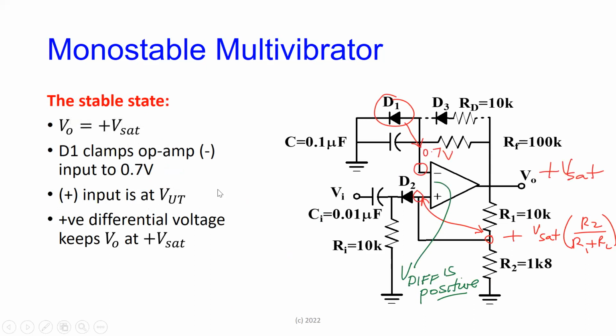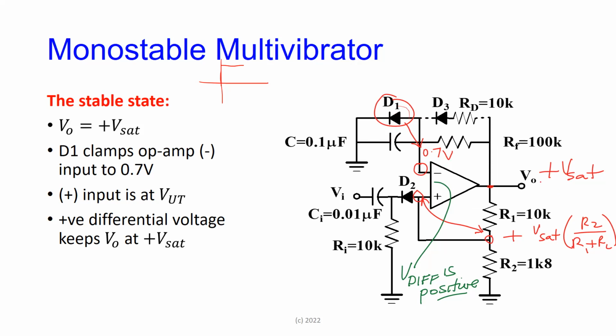So let's assume that we are in a stable state where the output is at plus VSAT. Okay, this is the output here. The output is at plus VSAT. If here is plus VSAT, this is our capacitor here. Notice that as soon as here goes positive, above 0.7, this diode is going to start to turn on, and it's going to keep here at 0.7 volts.